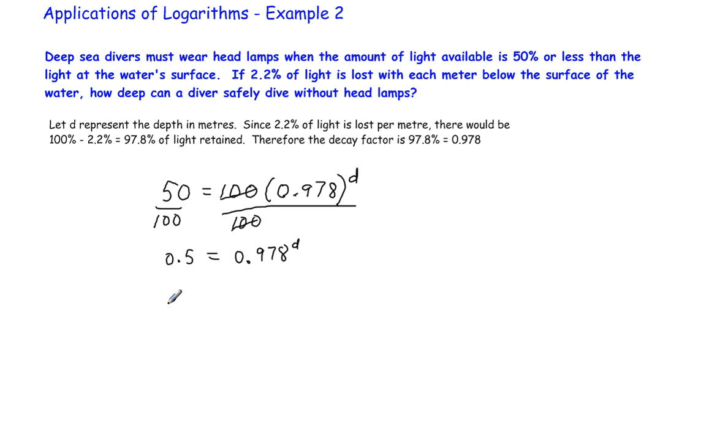So again, this is where logs come into play. Because we're trying to solve for an exponent that contains a variable, if we take the log of both sides, that allows us to bring that exponent, the variable d, down in front. So when we take the logs of both sides, we can bring the d down in front and have the log of 0.978.